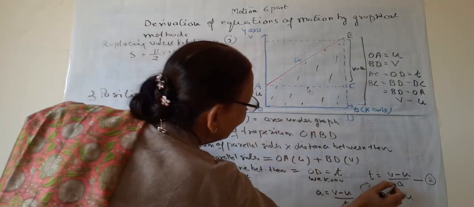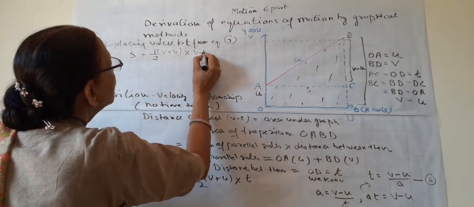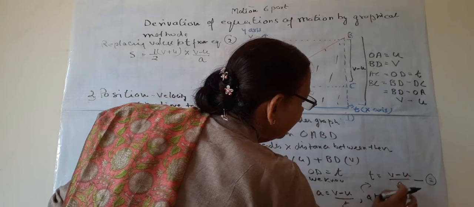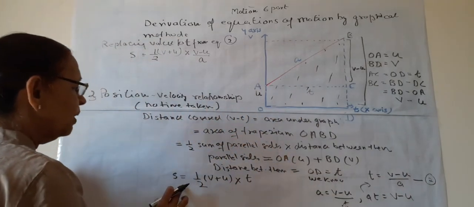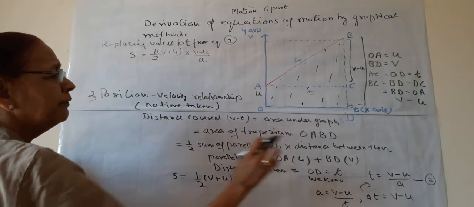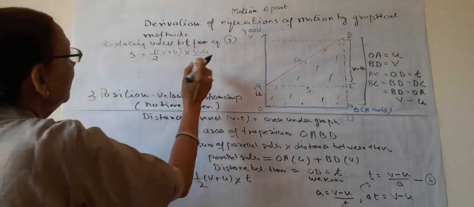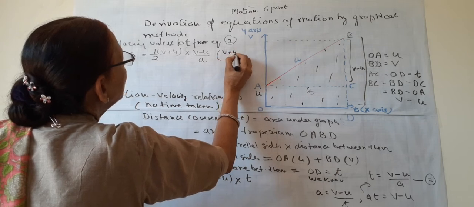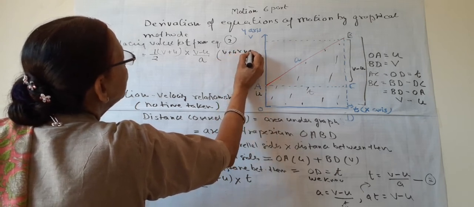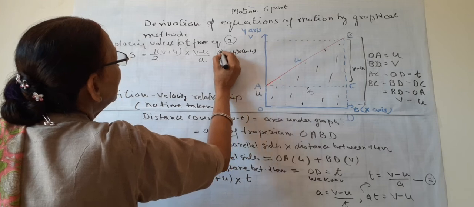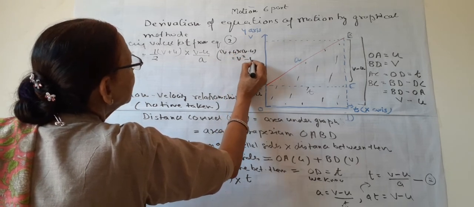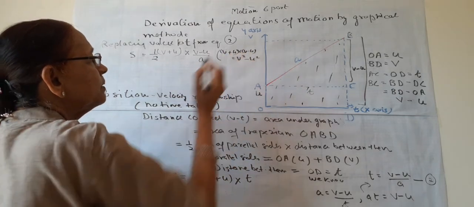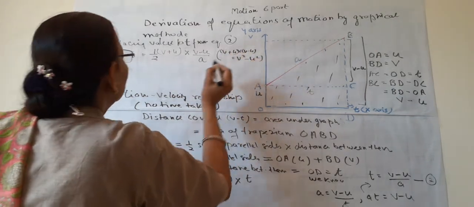Instead of t, we will write (v minus u) upon a. So in this equation, instead of t, we write (v minus u) upon a, and we know that (v plus u) into (v minus u), as all of you know from algebra, is v square minus u square.